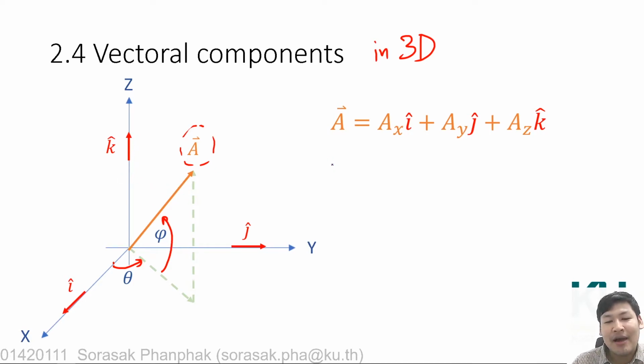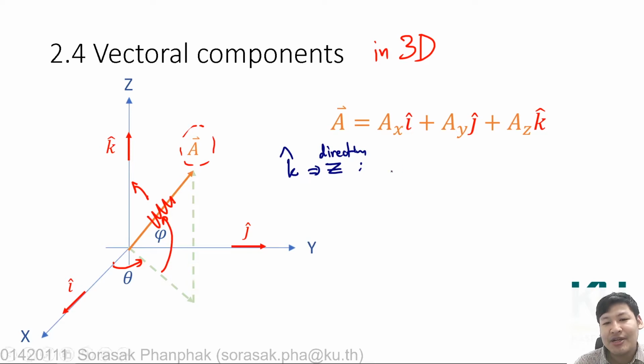If you would like to find the component in the z direction, maybe I write it down in the k position, which is the z direction, right? So how can you do that? You can break this further using this psi angle.